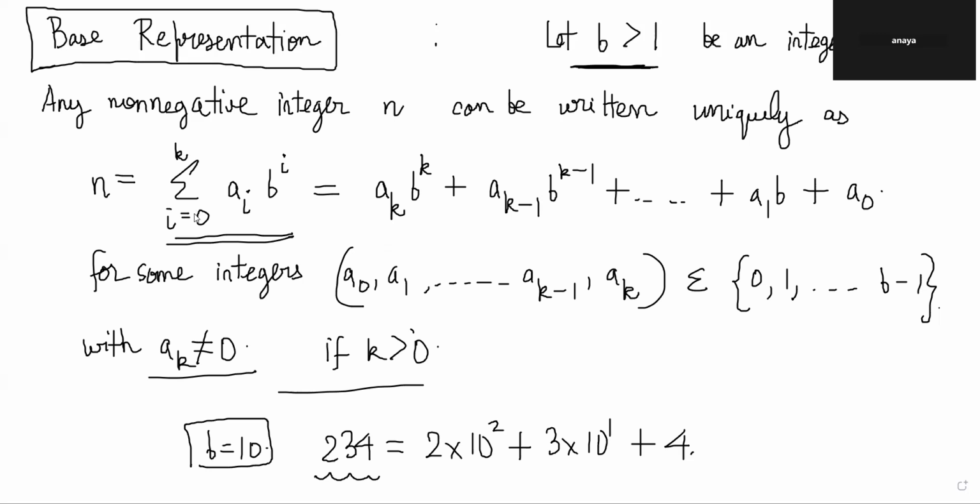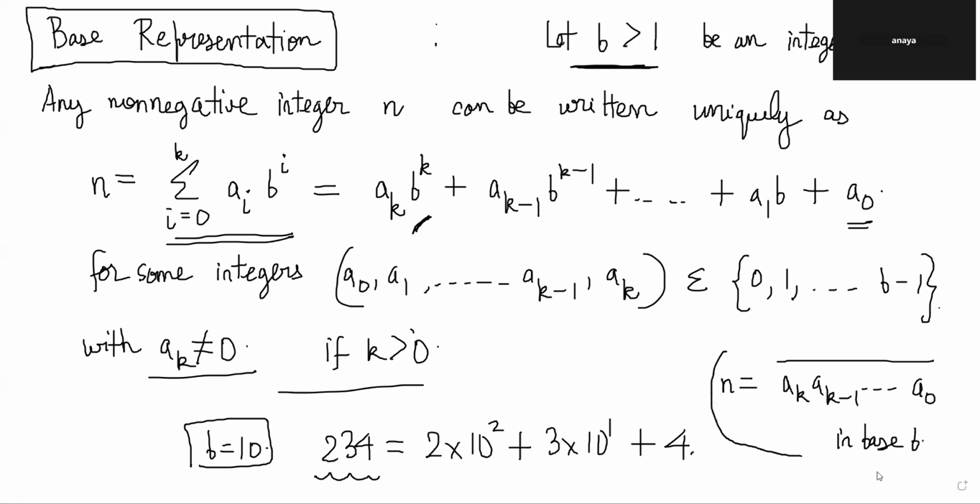A k plus 1 digit number starts with b to the power k, then goes on to b to the power 1 and b to the power 0. So n can be written as a_k, a_(k-1) till a_0. This is a number in base b, just like 234 here is written as 234 in base 10 actually.